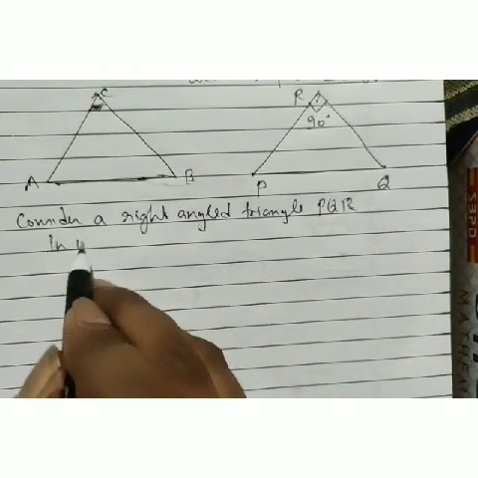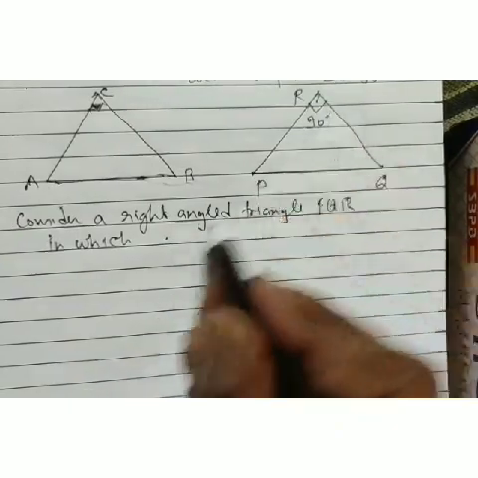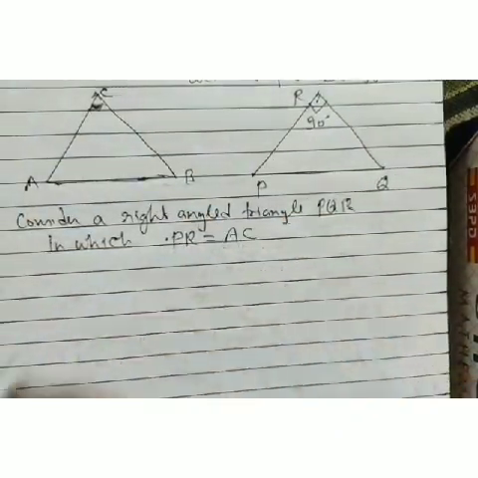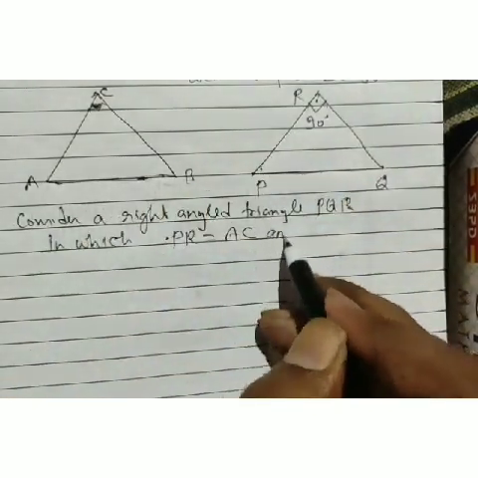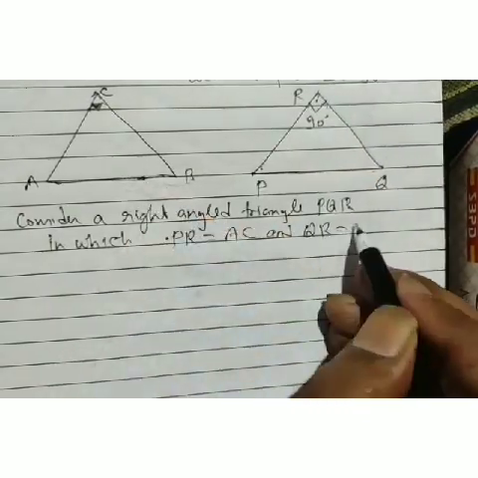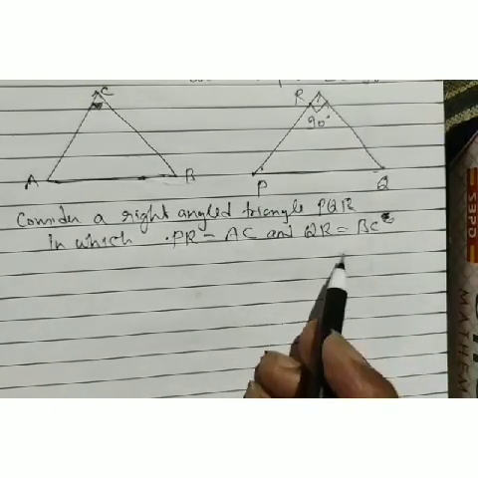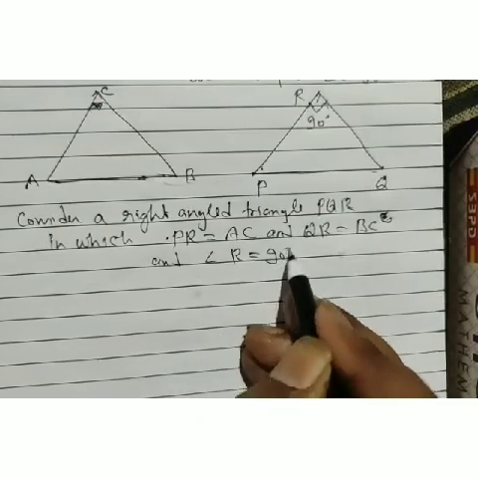We draw it such that the length of PR is equal to the length of AC, and the length of QR is equal to BC. Also we take angle R equal to 90 degrees.